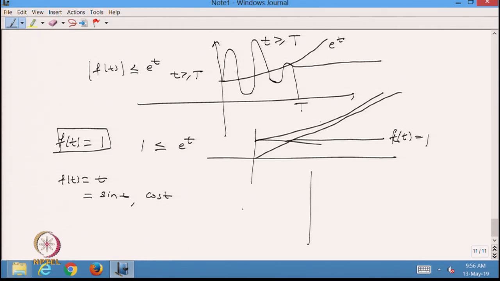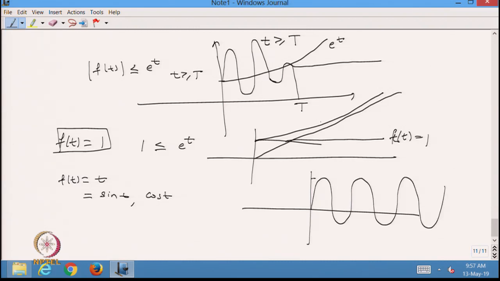The exponential function is going from here. So, this is my e raised to power t, and this is my function sin t. Similarly, I can take cos t. This function is always less than this one. So, I can say that my function sin t is of exponential order 1.